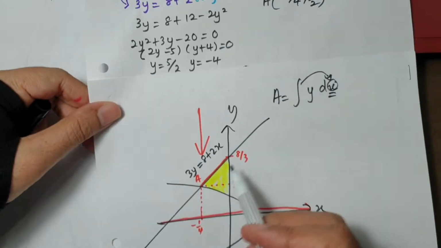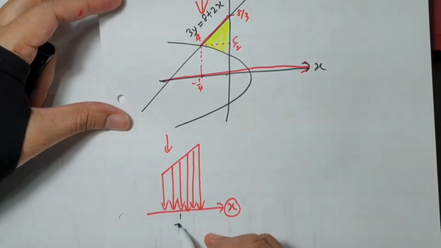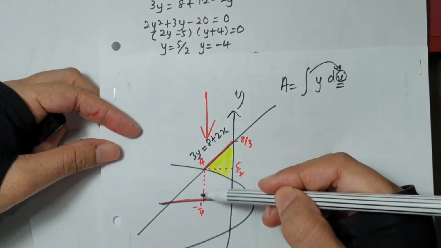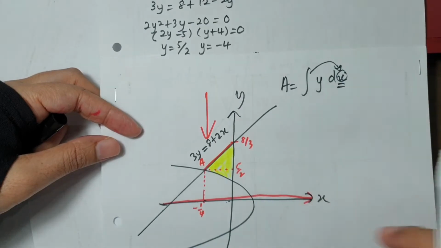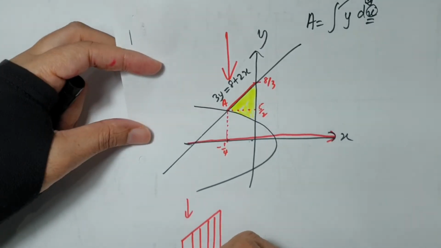We find the length here to here, of course 1/4. The height here is 5/2.